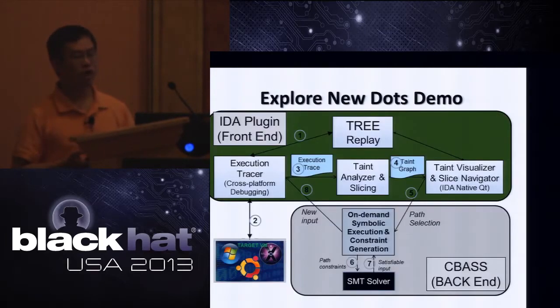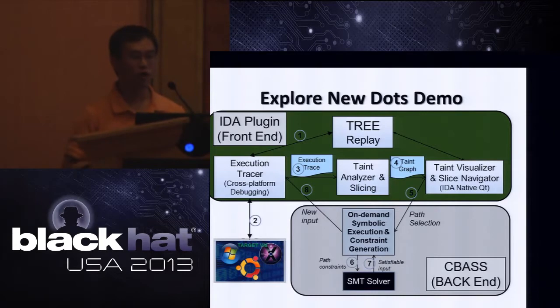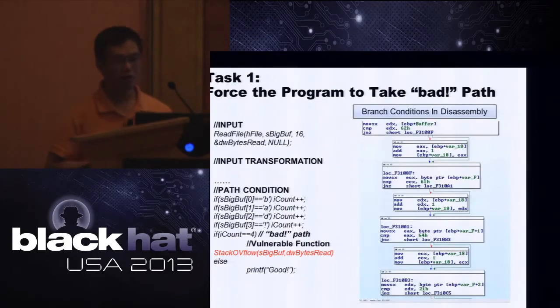Later, we're going to show a demo to see what steps are needed for TREE and CBAS to get your branch conditions solved. But you can see there are quite a few steps involved. Before I dive into the demo, we can show a few things to help you get started. The goal here is to force the program to take the better path.